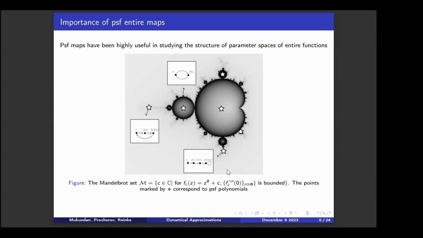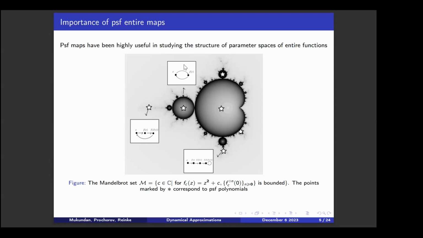Okay, so that is the Mandelbrot set, and the points that are marked by star in this picture correspond to PSF polynomials, and the graphs in these small squares for each of these points represent the dynamics on the post-singular set. So for example, this star right here is c equals -1. And if you look at z squared minus 1, you see that -1 is the singular value, and it goes to 0, which goes to -1. So you have a 2-cycle, and that's the dynamics of the post-singular set.